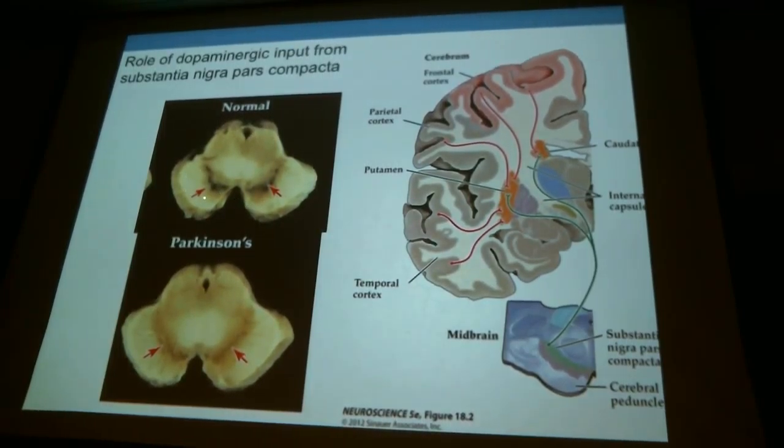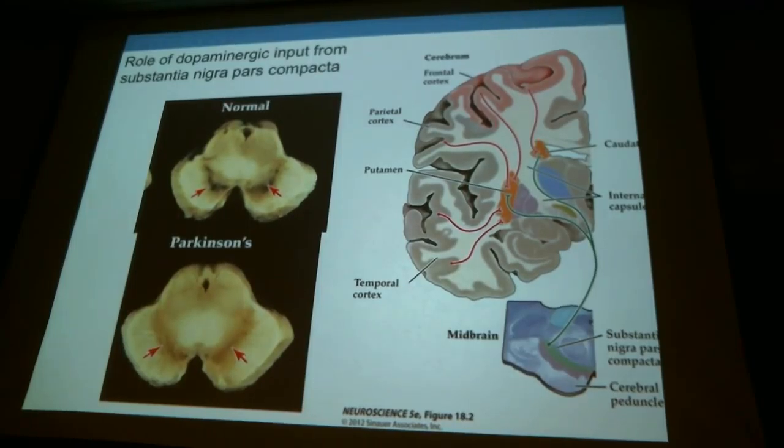Okay, this is seen if you do a cut through the midbrain as this dark banded area. So substantia nigra, or dark black, and so on. And in Parkinson's, you have the loss of these neurons. So you see this dark banding has been diminished.